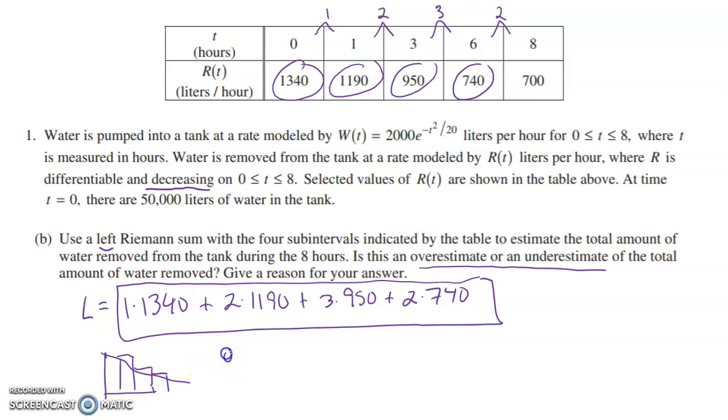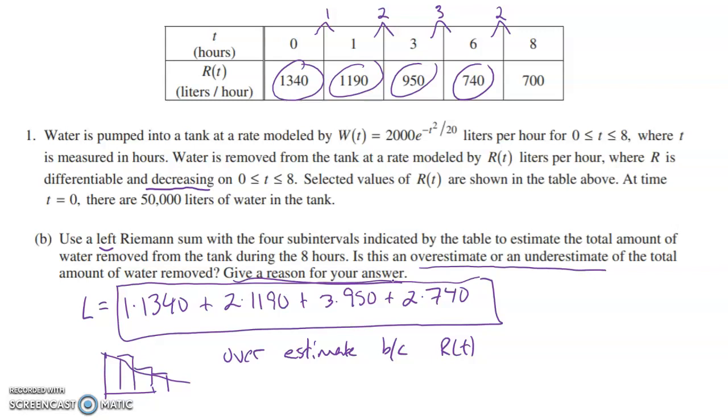And look, it is an overestimate because R of t is decreasing. You should write this because they said, is it an overestimate, and give a reason for your answer.